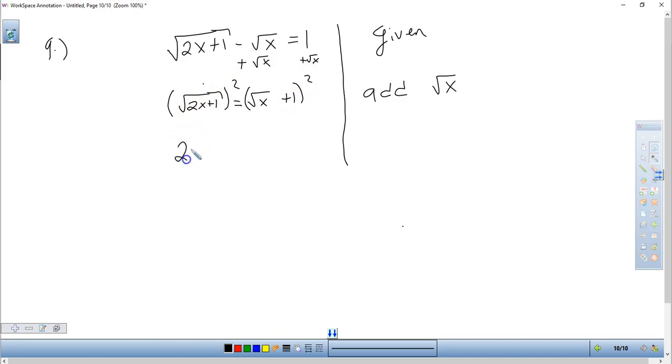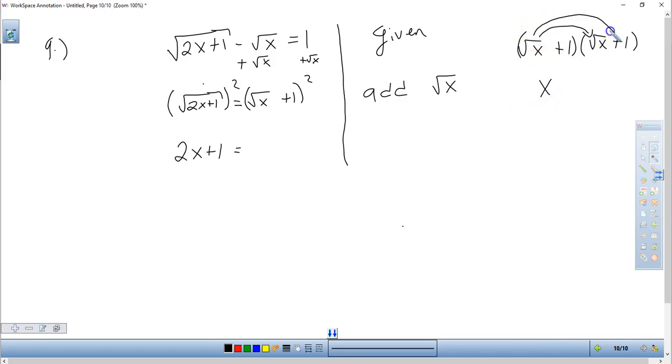So over here we get 2x plus 1. Over here we do not get x plus 1. Okay, so we need to actually FOIL this one out here. So the square root of x plus 1 times the square root of x plus 1. So let's do FOIL, or double distribute. Square root of x times square root of x, we know when we do that, the square roots drop off, we just get x.